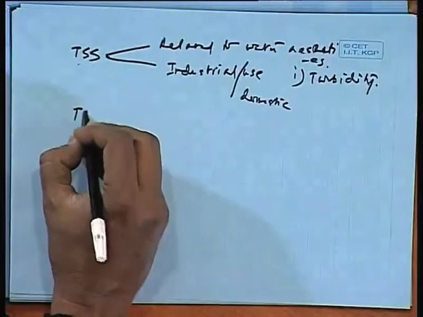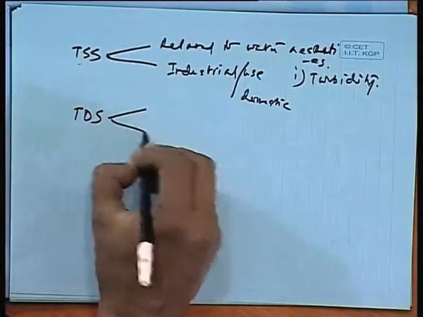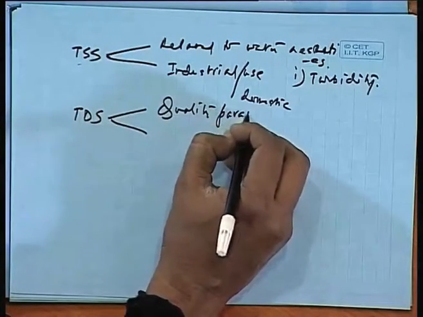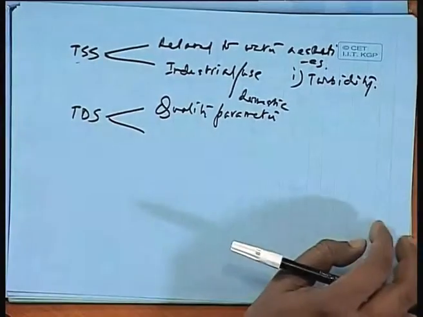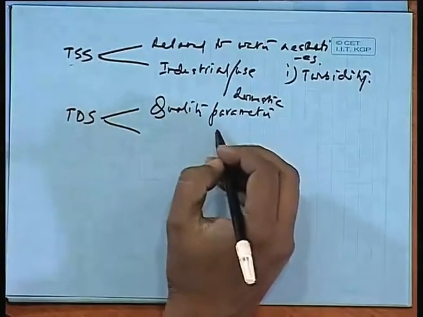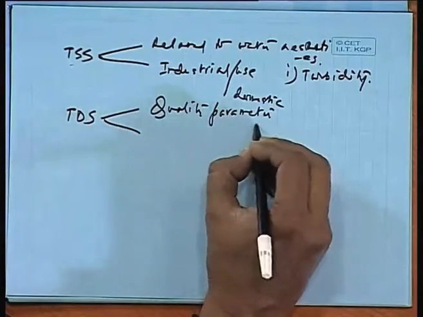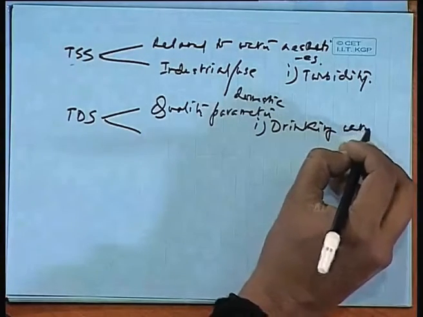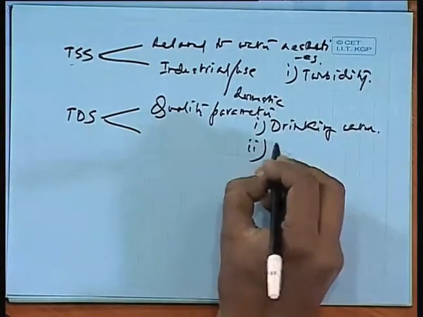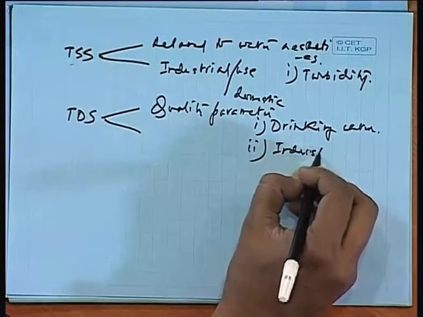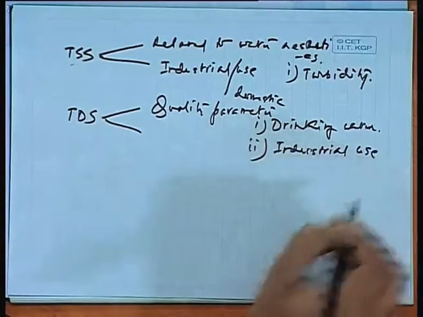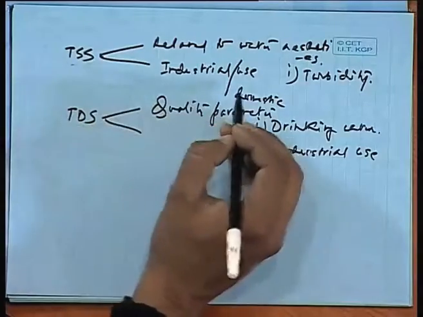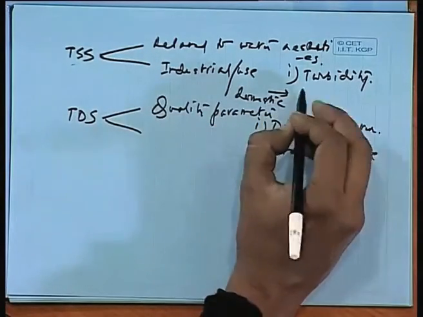Similarly, in the case of TDS, as I have said, TDS is essentially a quality parameter, for drinking water purposes and industrial use. In the TSS part, you can also write down another use, recreational use.